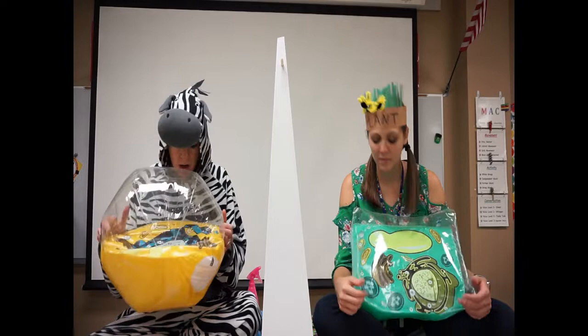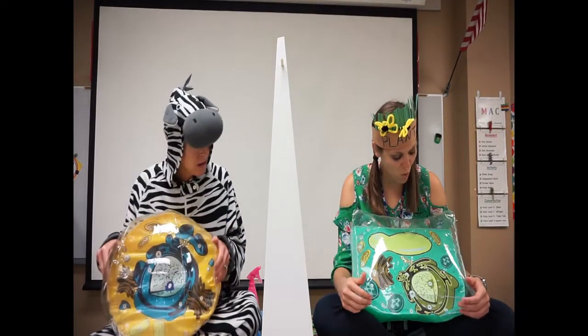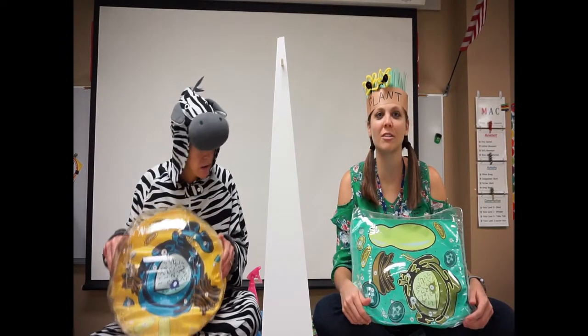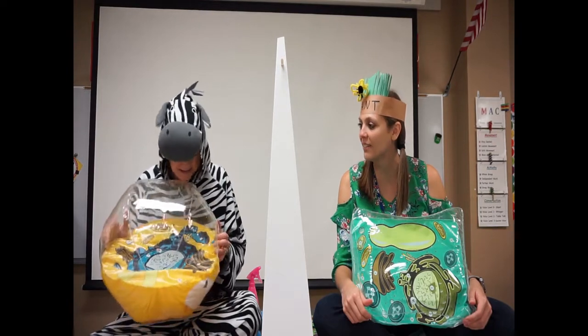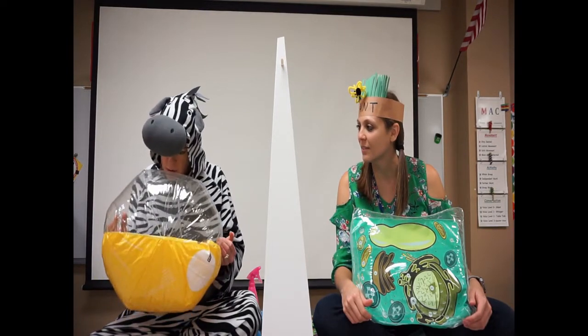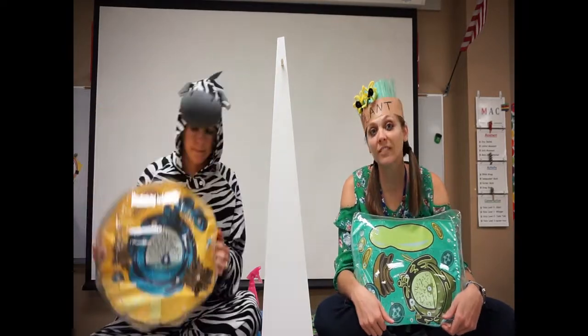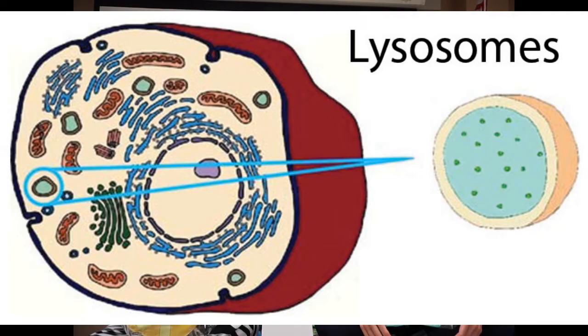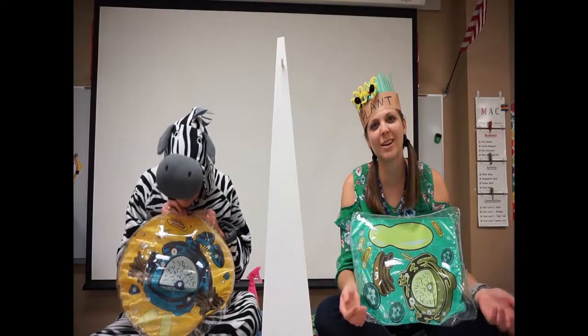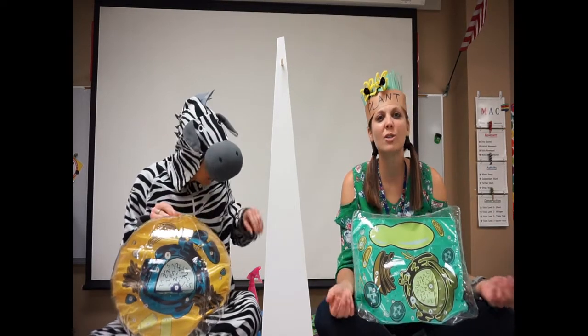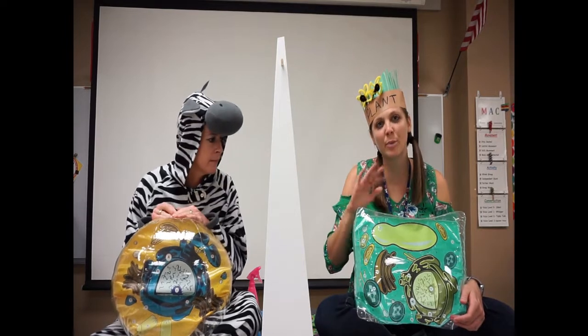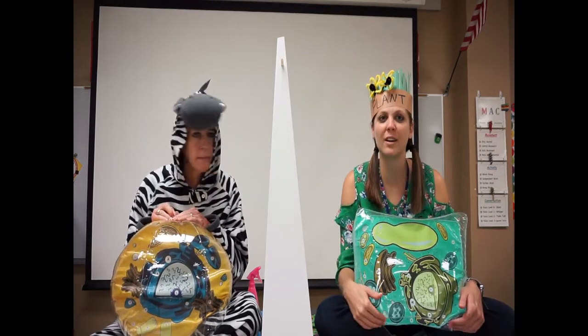Cool. Well, let's see. Ooh, I have something called the lysosome. Do you have that? I do. He's right there. So we both have lysosomes, and what the lysosome does is it's kind of like the garbage disposal. Anything that has already been used and is a waste product needs to come out of the cell. So the lysosome helps bring all the waste out of the cell.